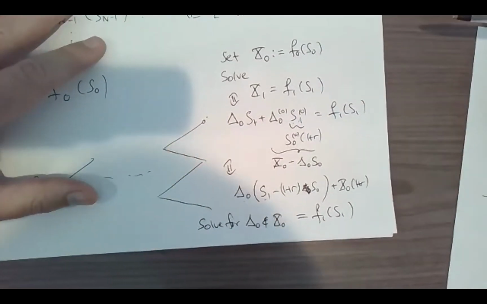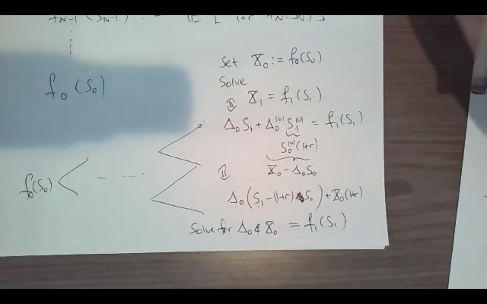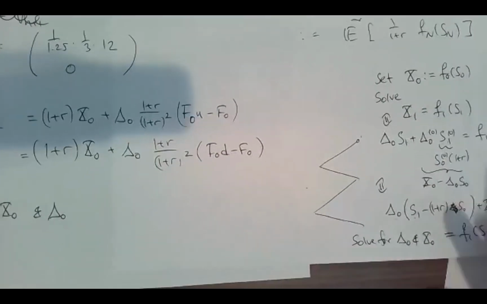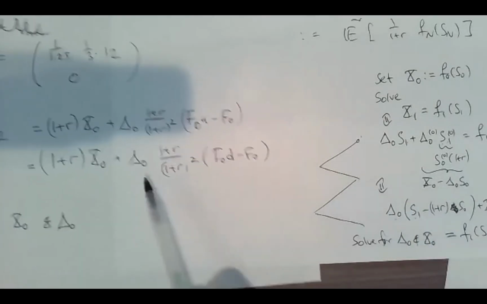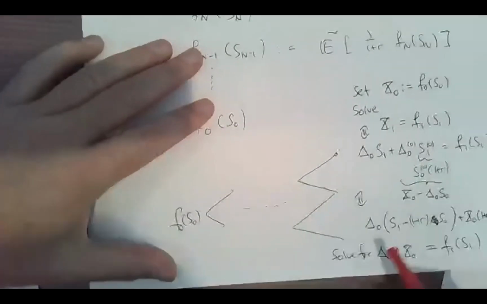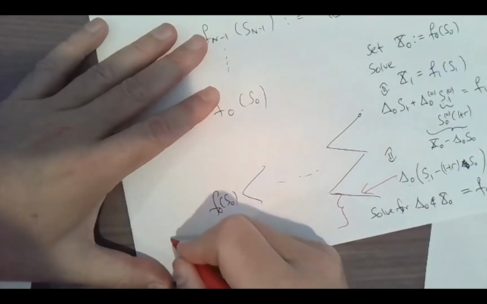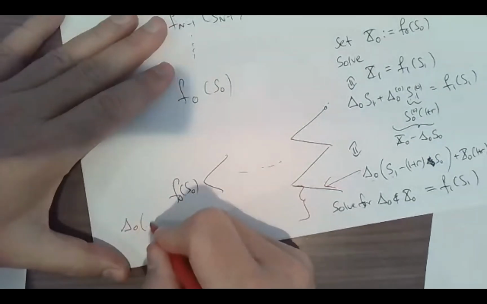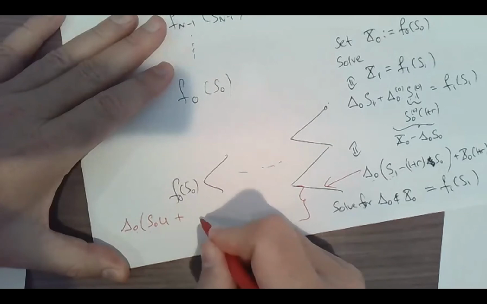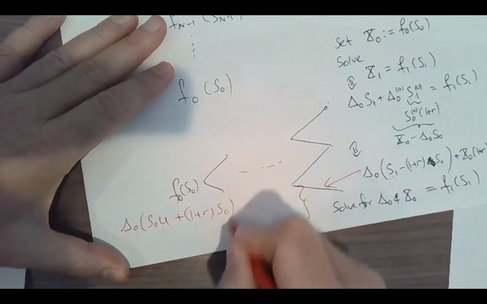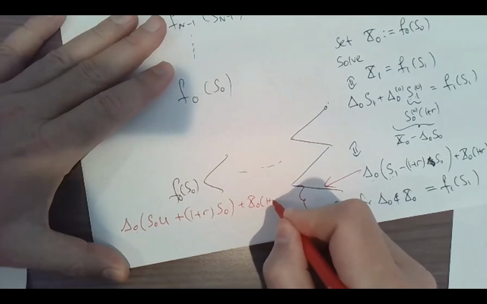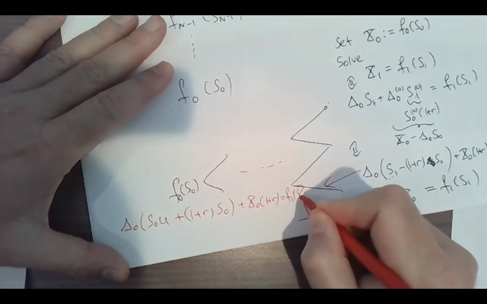But it is. Okay. So what we did in this last exercise is exactly what we did here, except the underlying was not a stock. What we're doing over here is we again have our two equations. This breaks out into delta naught, and then it'll be S0 times U plus 1 minus R S0 plus x0 times 1 plus R being F1 of S0U.